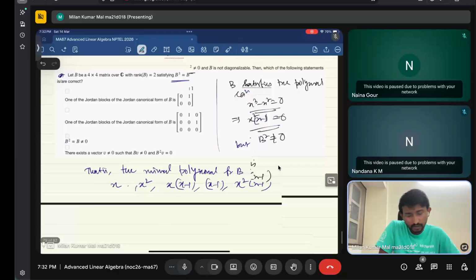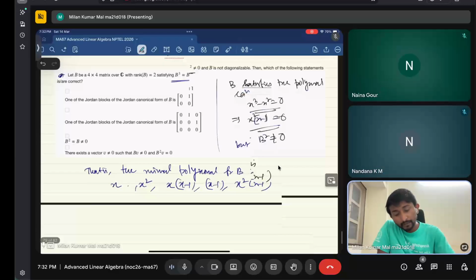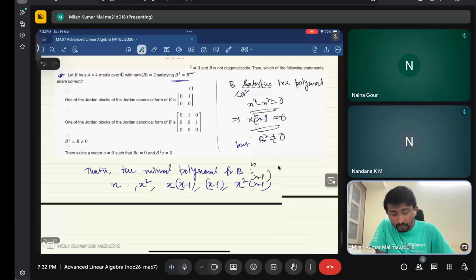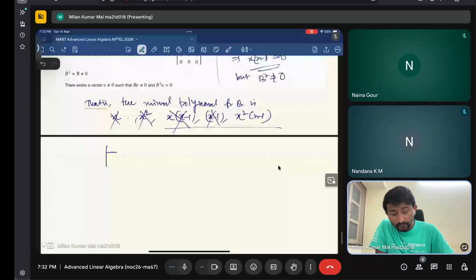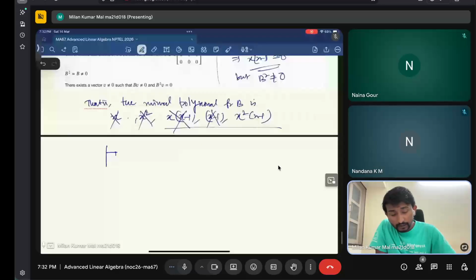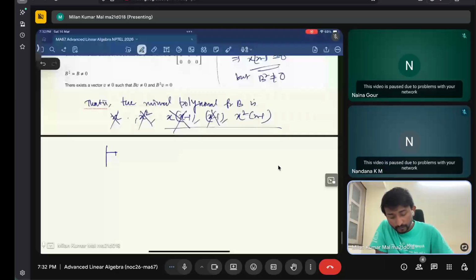And B is not diagonalizable. That says these are also not options. As B squared is not equal to 0, the minimal polynomial cannot be x or x squared.